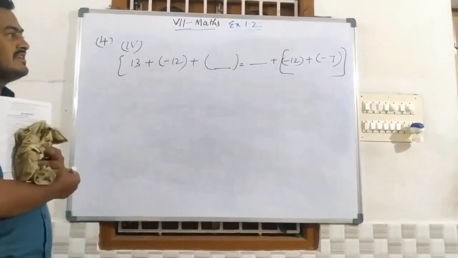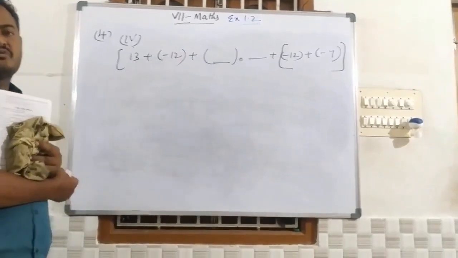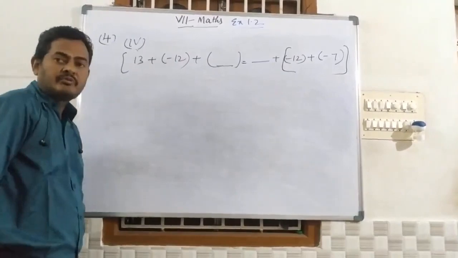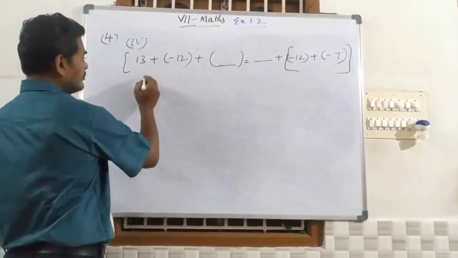When three integers or three numbers are there, what property do we discuss? We discuss the associative property.